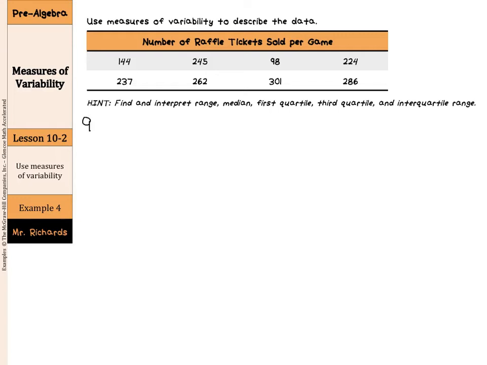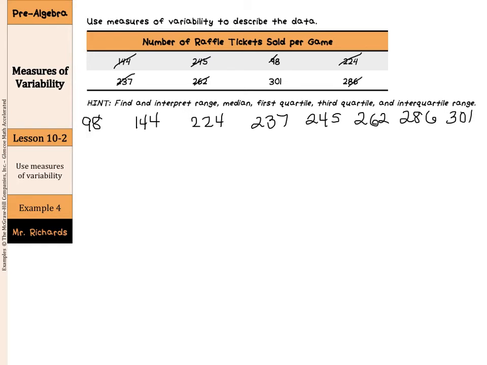Our smallest is 98, then 144, then we have 224, followed by 237, 245, 262, 286, and lastly 301.